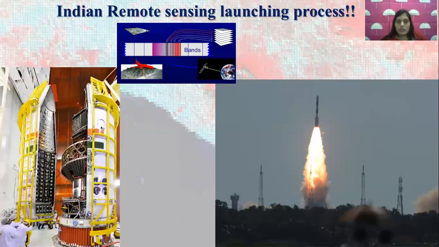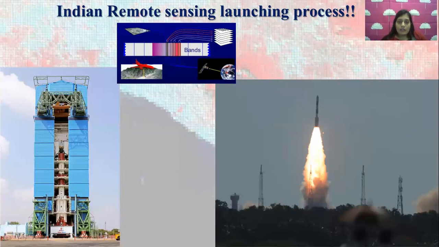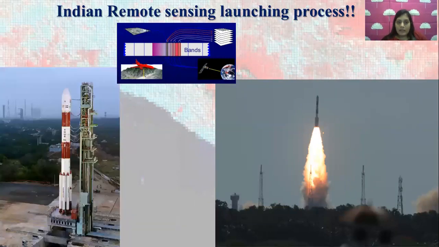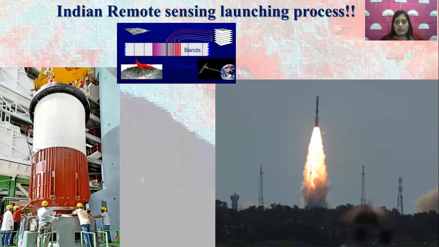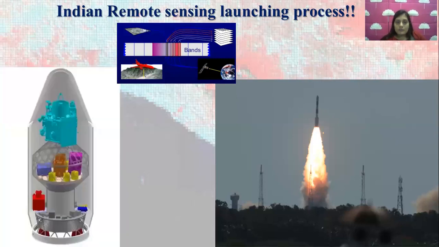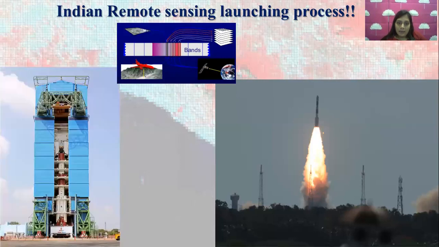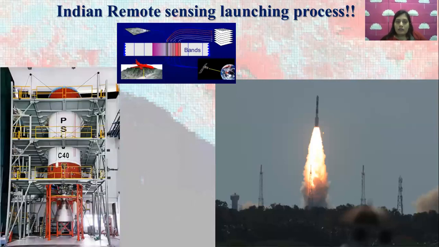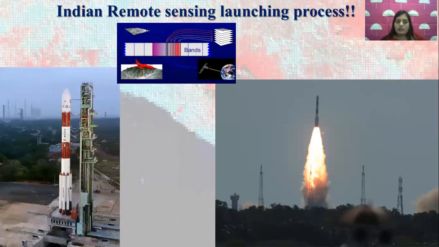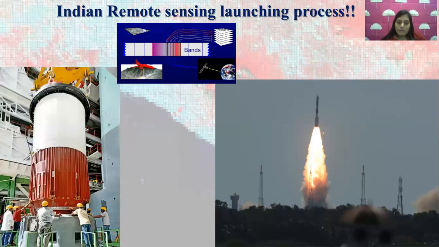Without going to that position, we can get every piece of information. That is why remote sensing is very important in our day-to-day life and in the space department, and only then are we very much ahead in research work, right?